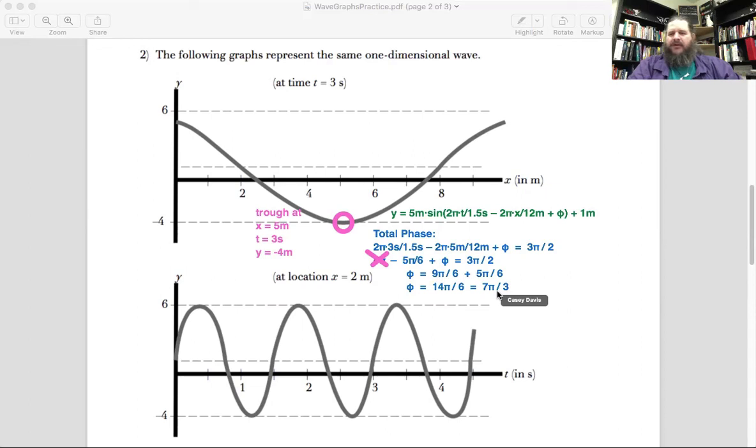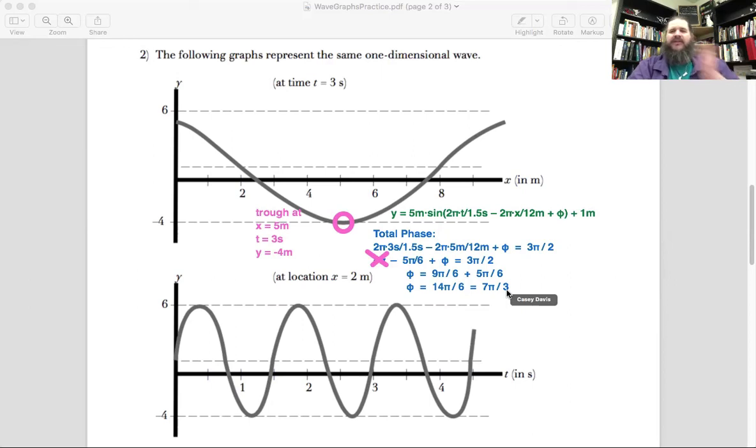But it would be a little more convenient to make that smaller because 7 pi over 3, that's more than 2 pi. That's more than one full unit circle. And what could we always add or subtract to an angle that doesn't really change its value? 2 pi. Right. So if your phase shift is a number that's more than 2 pi, then I would subtract 2 pi until it gets down to as small as you can get while still being positive.